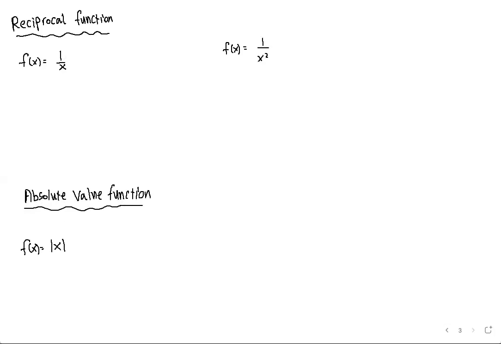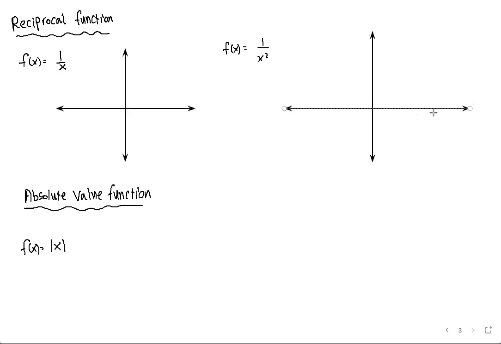The graph of 1 over x has this shape, something like this, and from this side, something like this.